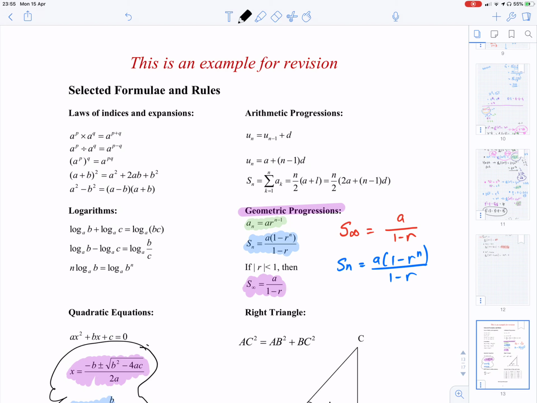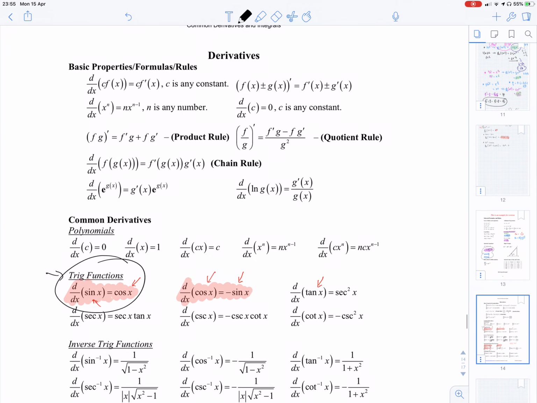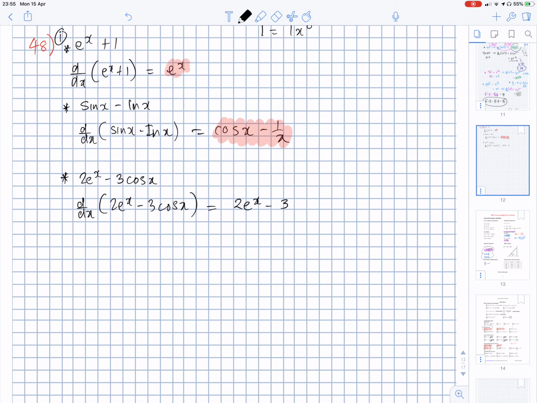And for cos x, remember that the derivative of cos x is minus sine x. So you're going to have a minus sine x and a minus for the minus 3, so that becomes a positive. It becomes plus sine x.